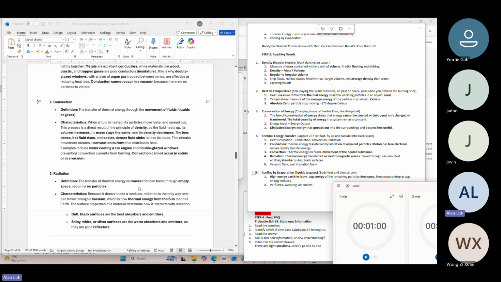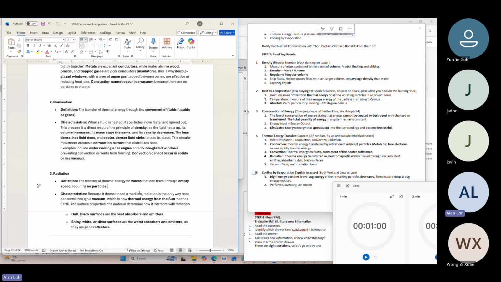Okay, so radiation, I think the key information is it is able to radiate or transfer energy in a vacuum. You know what a vacuum is, right? Who doesn't know what a vacuum is? No one. Vacuum is a space where you have nothing.